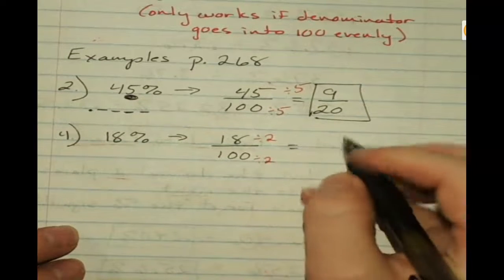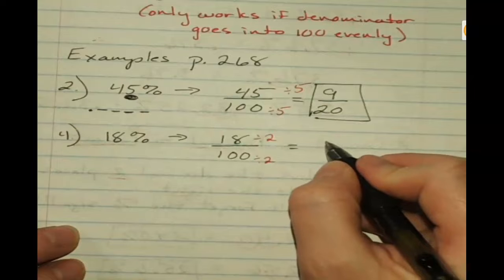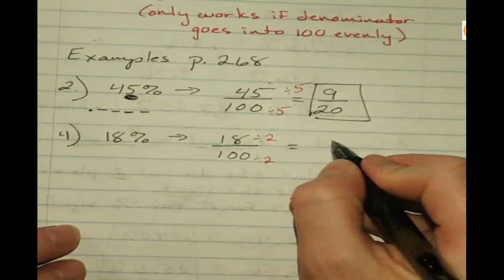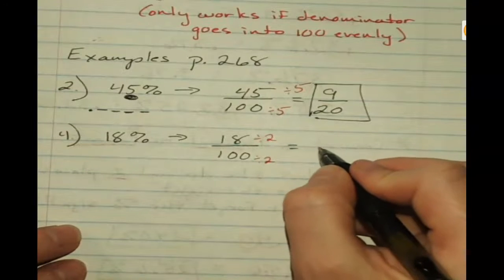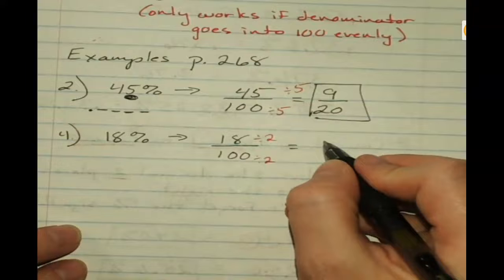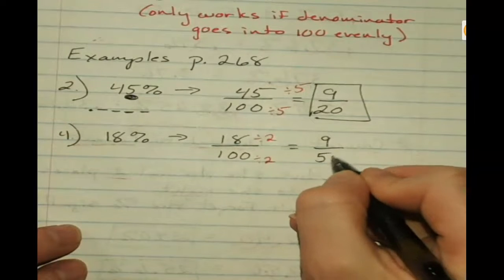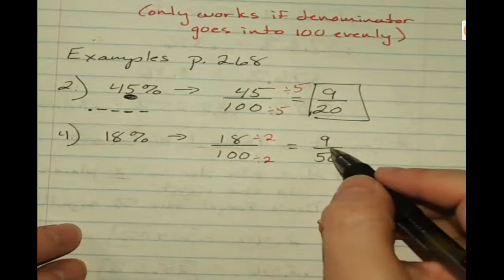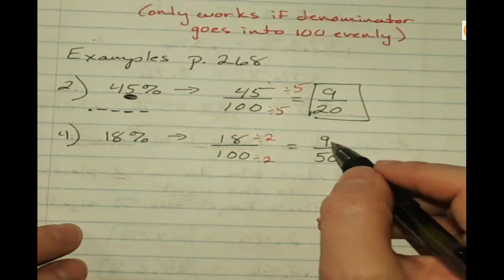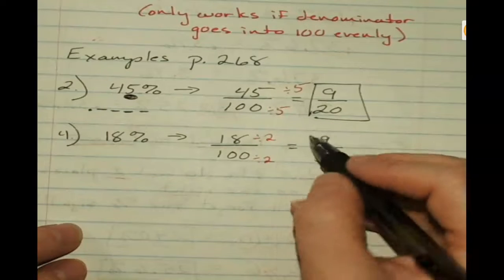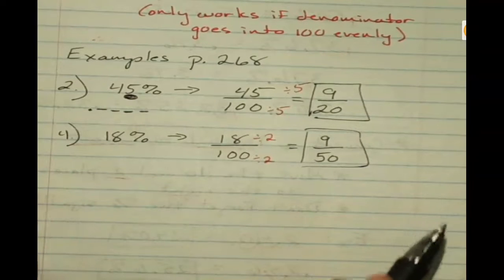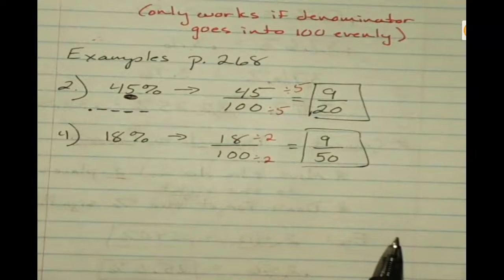And so what do you get? 9 over 50. And that is in lowest terms, because the only numbers that can go into 9 are 9 or 3, and neither can go into 50. Good job. Thank you.